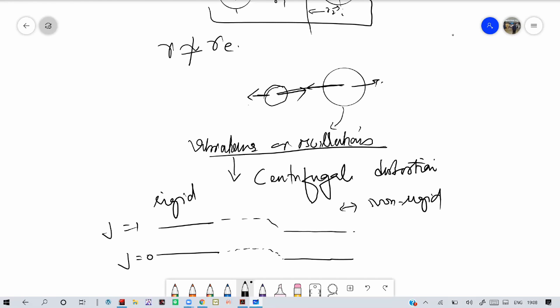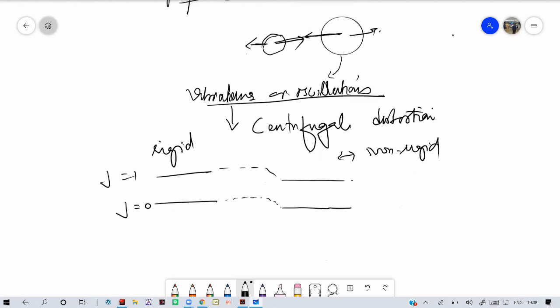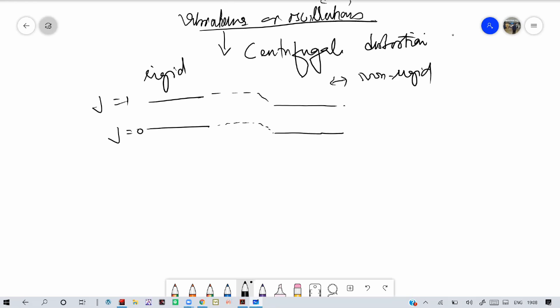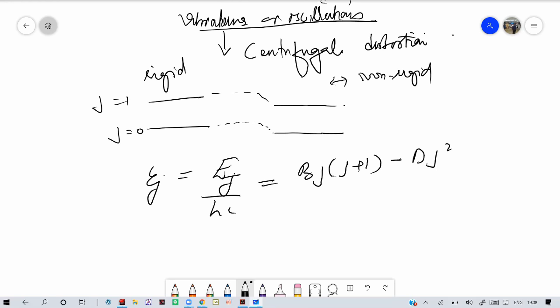So there is a decrease in the rotational energy levels because some of the energy will be taken out by that centrifugal distortion. And this centrifugal distortion is given by the contribution EJ for a non-rigid rotor minus D, because this is a higher order term, it will have a square dependence on this.